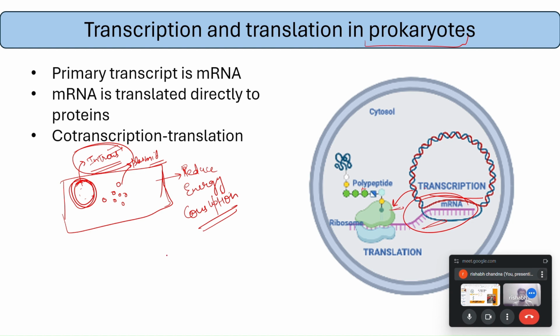So this being the genetic material, once transcription starts, it forms the mRNA. This is the DNA, this is the mRNA. When the mRNA is formed, it is so short-lived that the ribosomes attach to the 5' end of the mRNA as it is being transcribed from the DNA, and the proteins are translated simultaneously.